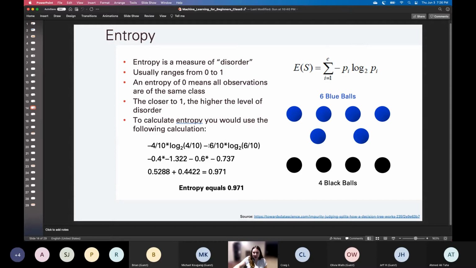Then we subtract the 6 out of 10 times log base 2 of 6 out of 10. Then you just calculate that out, and the entropy in this case would be 0.97. And just like in the other example, you would look at the base information gain and then look at how much it changed in a real-life example.